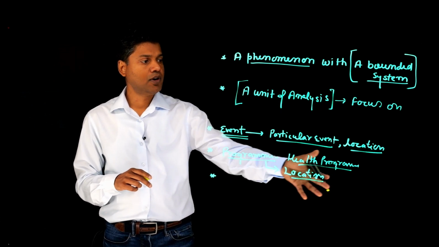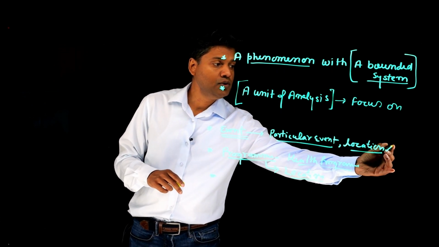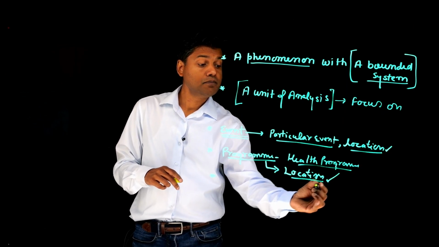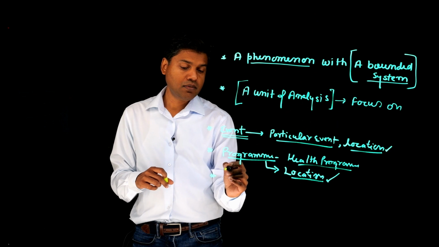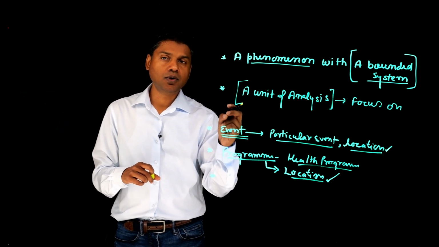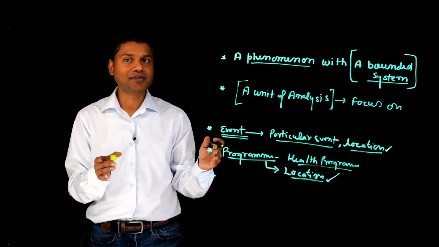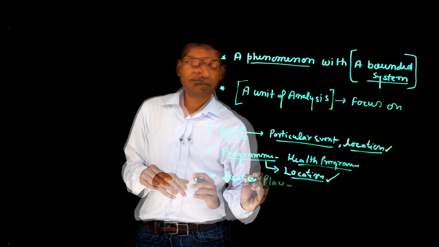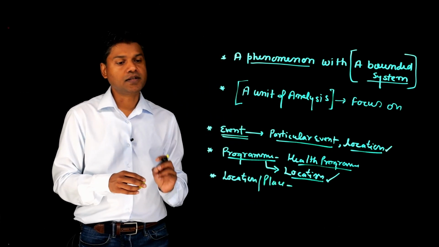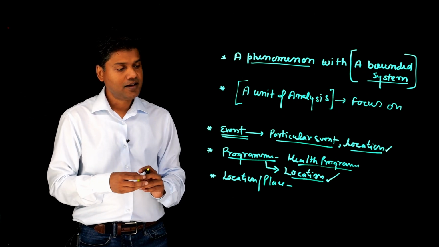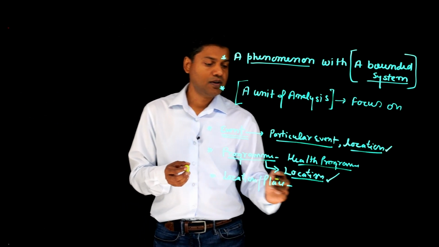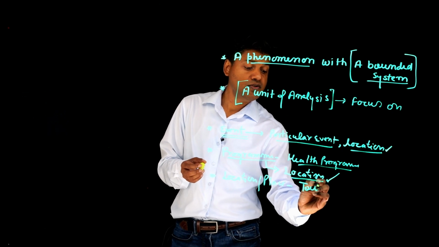As you have already seen, location can be used as a bounding system, but there could be some studies where location is the main bounding factor. So let's take the example of Jacksonville. I want to understand in depth tourism in Jacksonville.